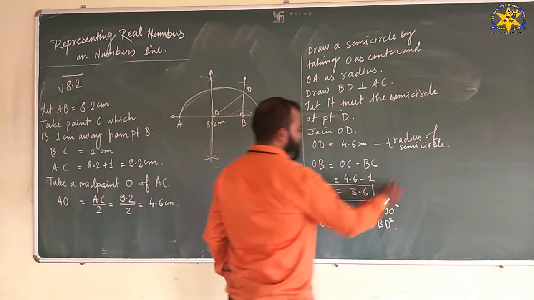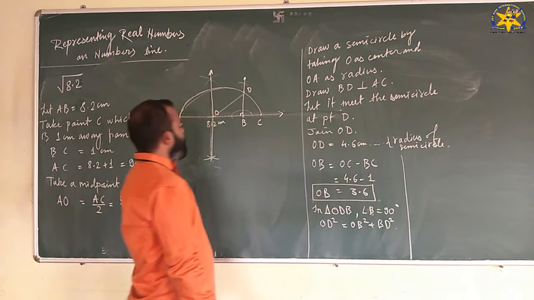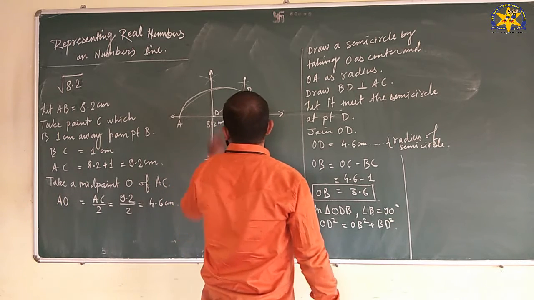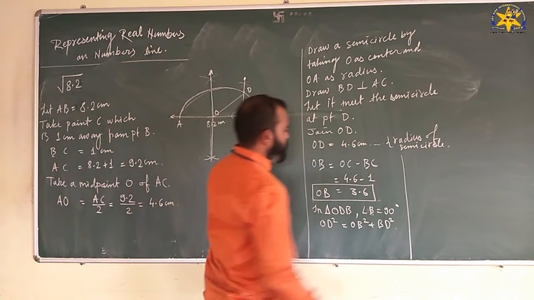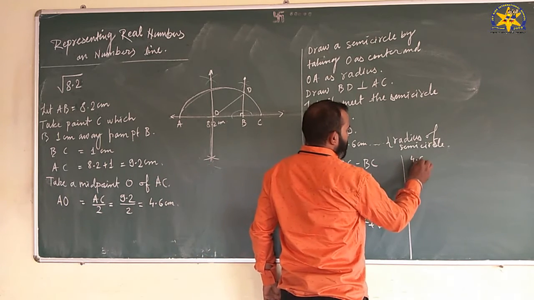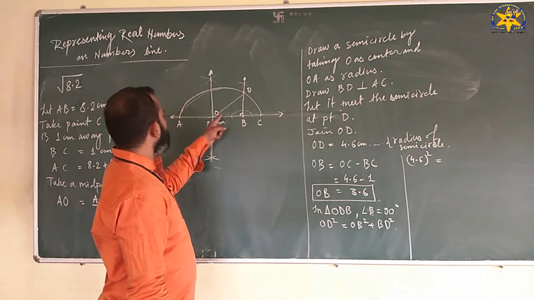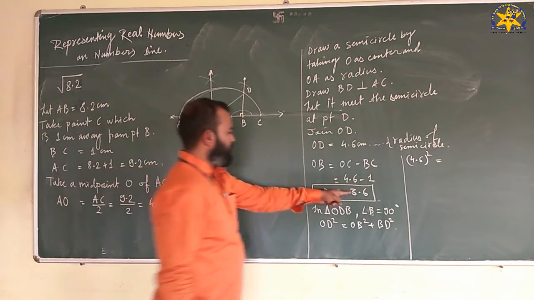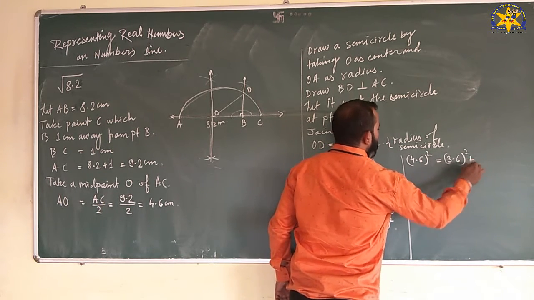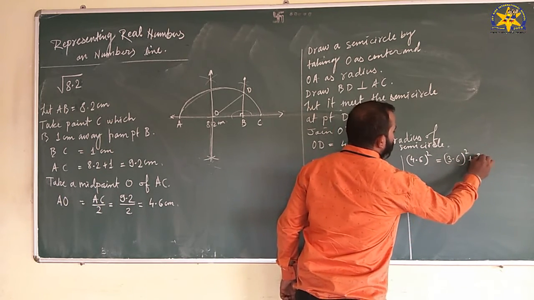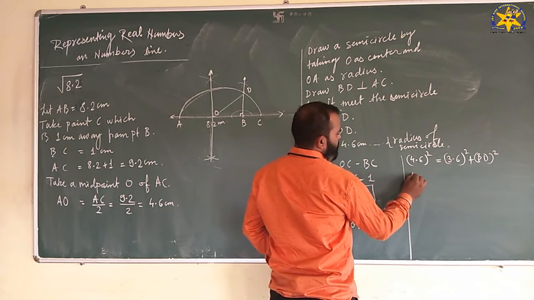Later on, what will it be? OD is how much? 4.6. So 4.6 square is equal to OB, which we have found as 3.6. 3.6 square plus BD, which we don't know, BD square.